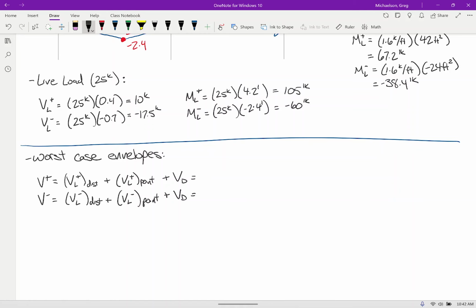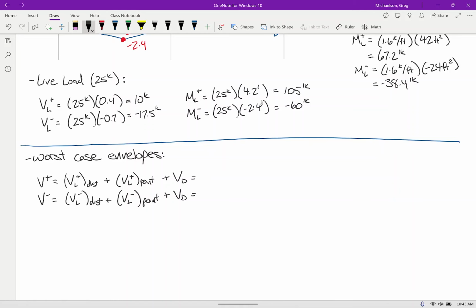It's not moving, right? We have the flexibility to move the live load where we need to generate the worst case response. But we can't just ignore the dead load. Does that make sense? So for both envelope reactions, we have to account for that.